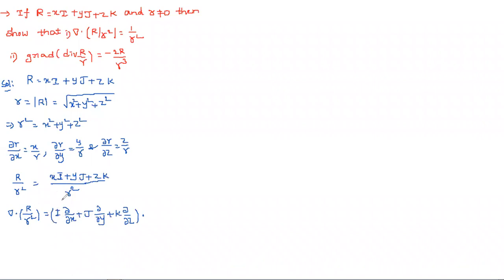If you split this one, we get x by R square into i plus y by R square into j plus z by R square into k. And here we are going to apply the dot product between these two vectors. So i dot i, j dot j, and k dot k equal 1, and in all the rest of the cases the value becomes 0.